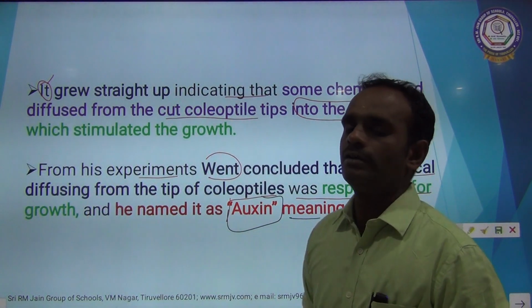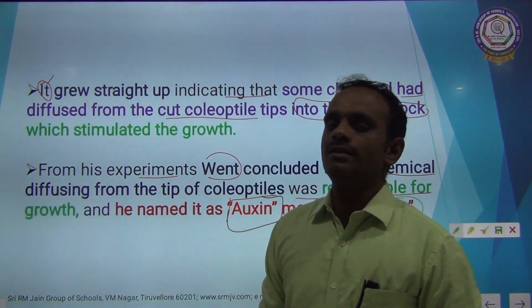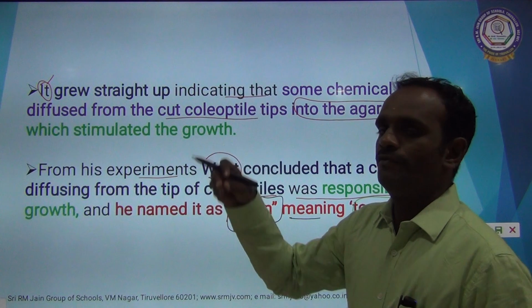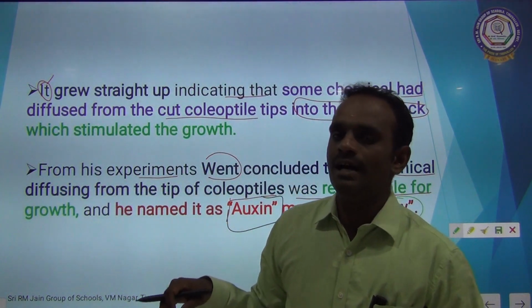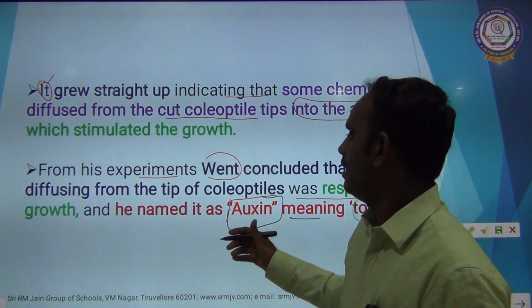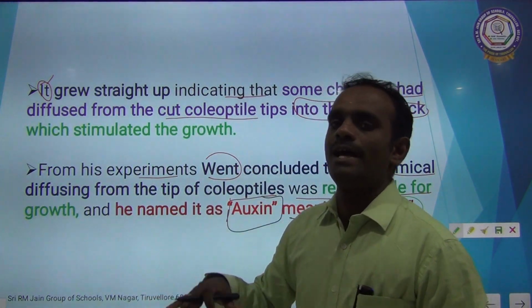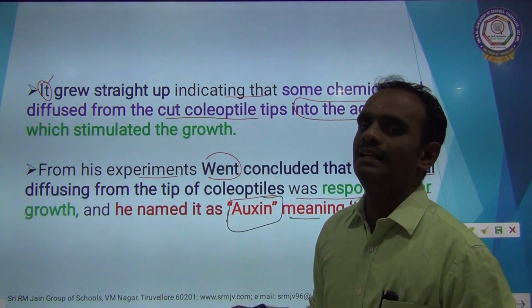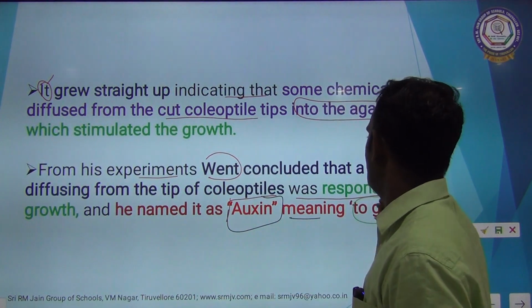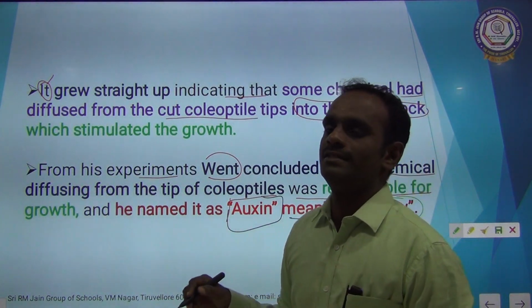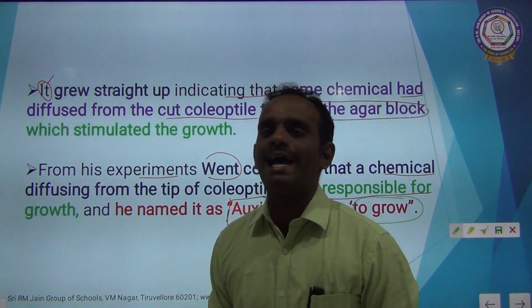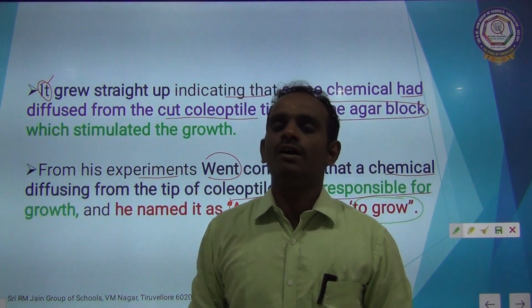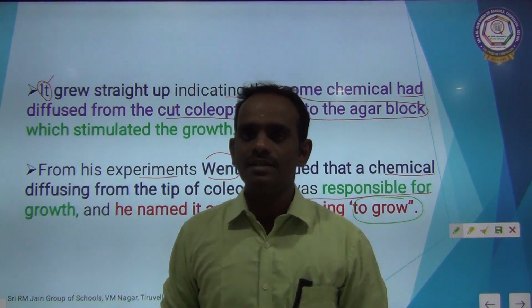So finally he concluded that some chemical diffused from the tip of the coleoptile to the agar block, and this agar block placed over the plant shows response. Finally he named it auxin. The word auxin means to grow. Clear, children?